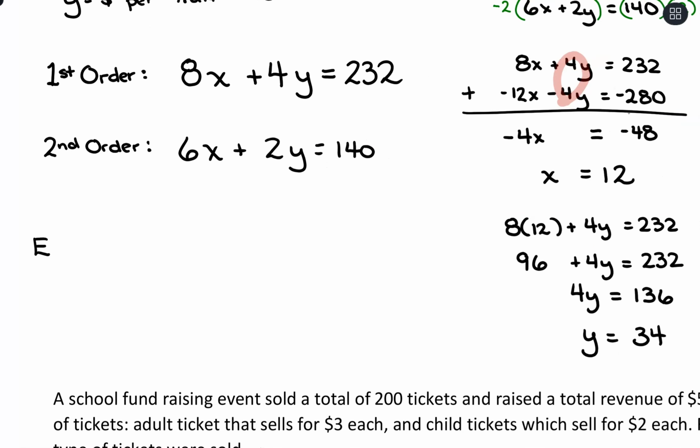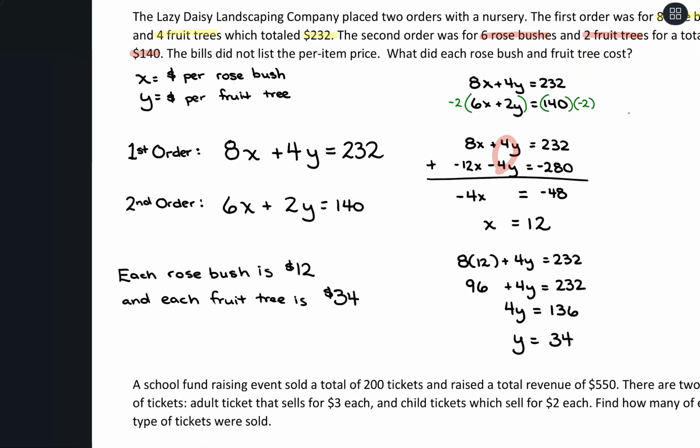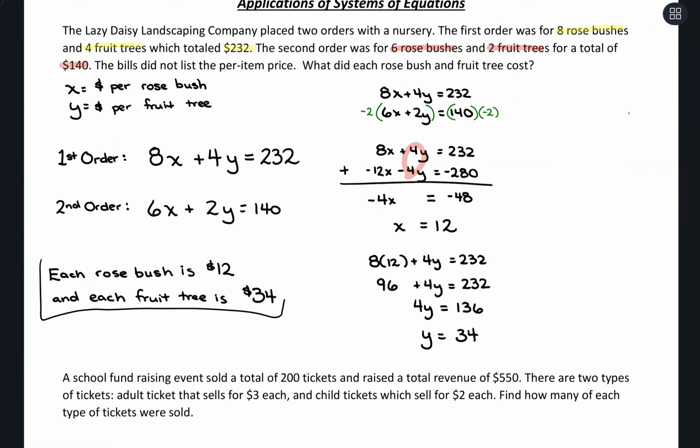So each rose bush is $12 and each fruit tree is $34. Okay, and that would be our final answer with a nice sentence that finds those two variables for us.